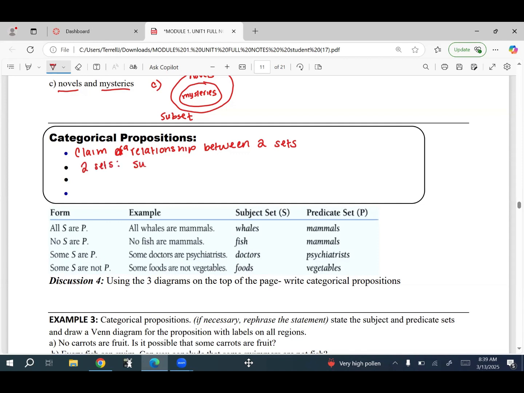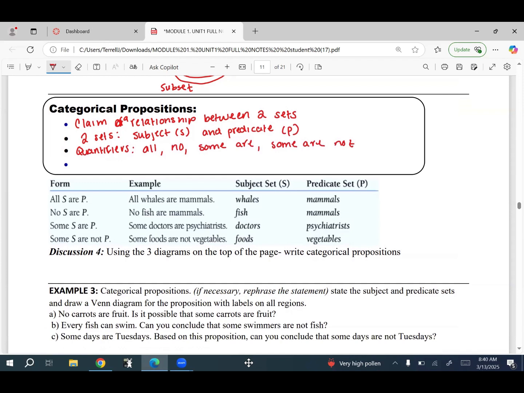We have a subject, and that would be considered our S, and a predicate. That would be considered your P. And we have quantifiers, words that indicate the relationship between the two sets. And that's words like all, no, some are, or some are not. And again, we're going to use Venn diagrams to visualize this.